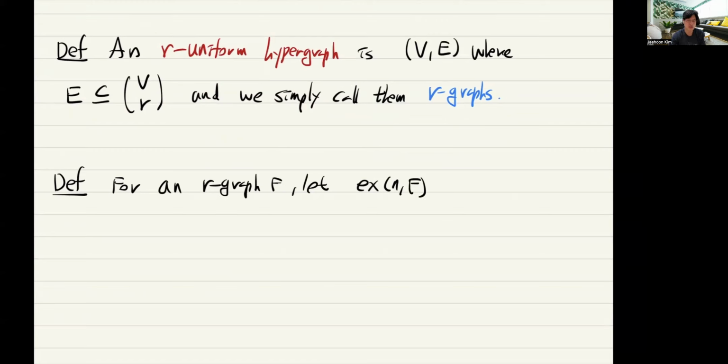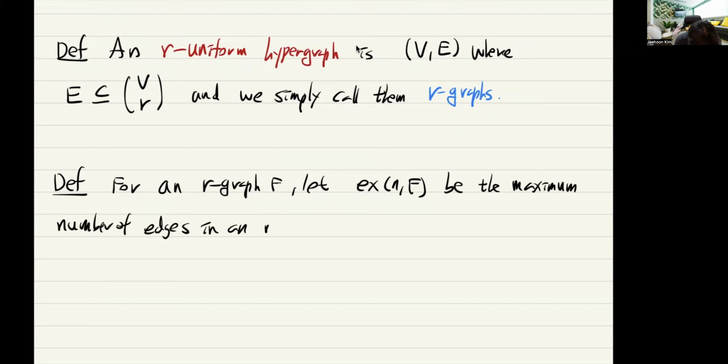What would be the natural way to define it? The extremal number of F is, again, the maximum number of edges in an n vertex r-graph that does not contain F as a subgraph.